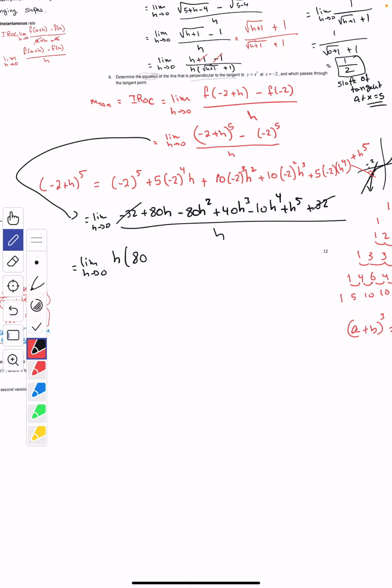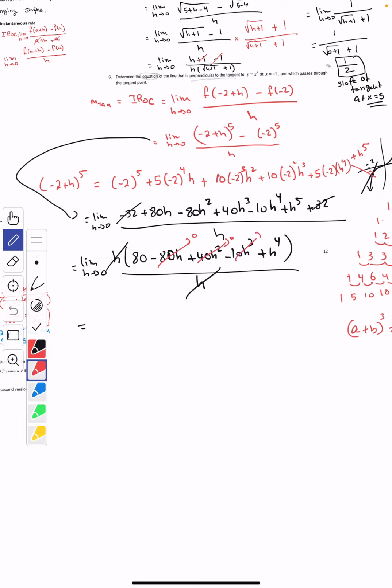And then you'll be left with 80 minus 80h plus 40h squared minus 10h cubed plus h to the power of 4, all divided by h. The h and the h cancel, and if I plug in h equals 0, then these are going to be 0, and I'm going to end up with 80 as the slope of the tangent line at x equals negative 2.